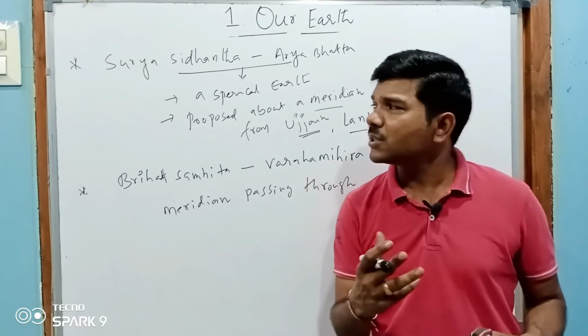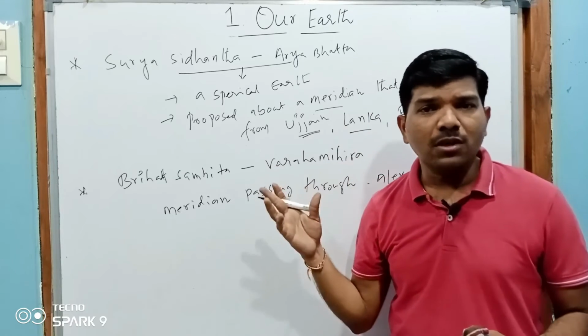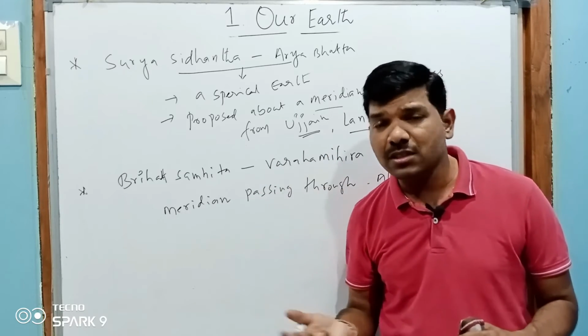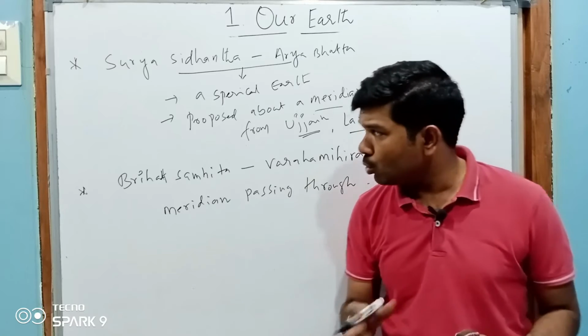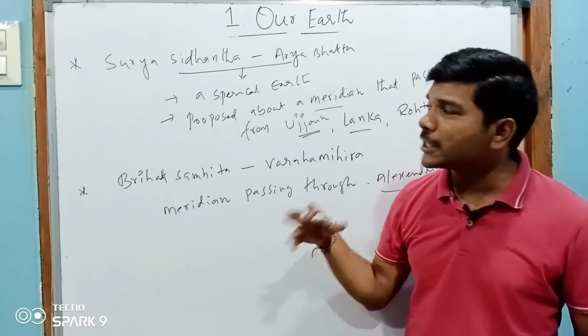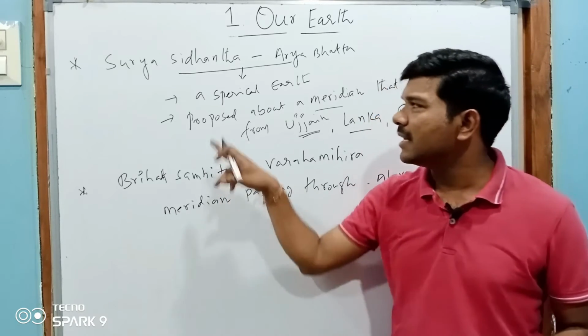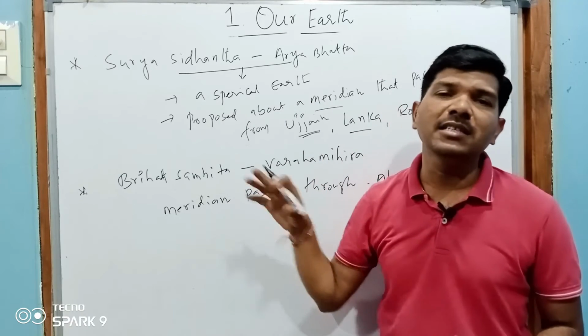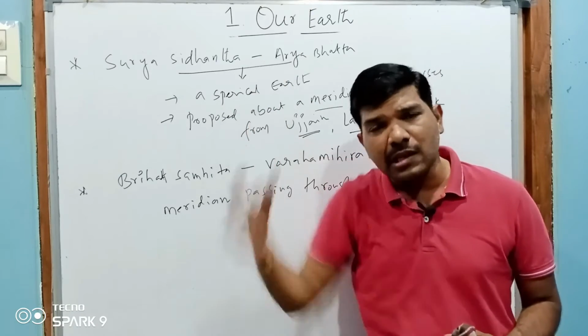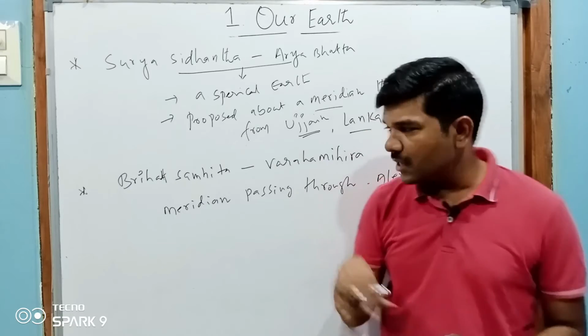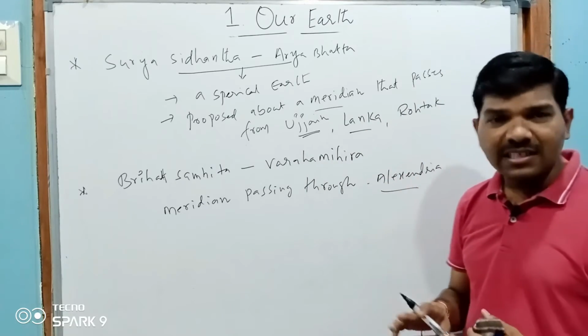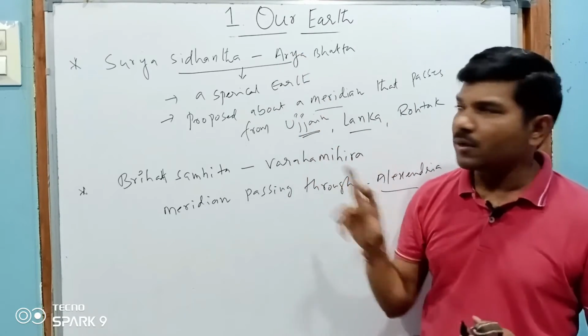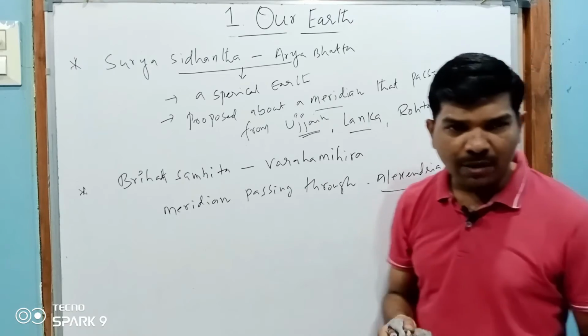I'm very proud to say that our astrologers, astronomers, and mathematicians contributed a lot to propose and declare that there is a spherical earth and there are meridians, and some meridians pass through India and some pass through Alexandria. So these are the important persons, Aryabhatta and Varaha Mihira.